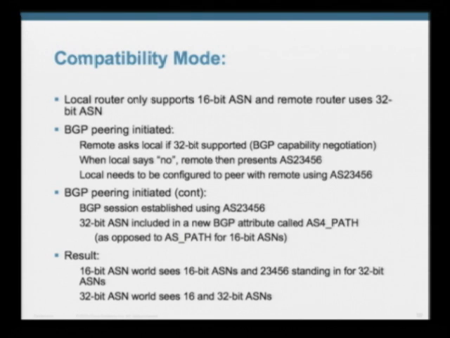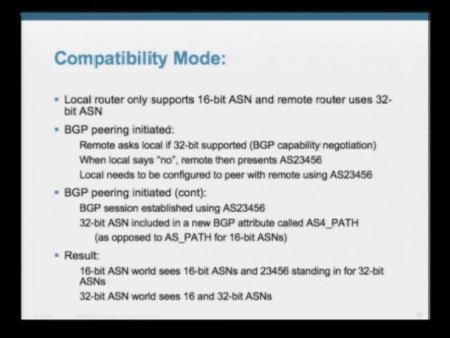What happens then is the network using 32-bit ASNs will include a new BGP attribute called the AS4 path, and that will include the 32-bit AS number information. So that one's silently passed to the network that can't support 32-bit AS numbers.